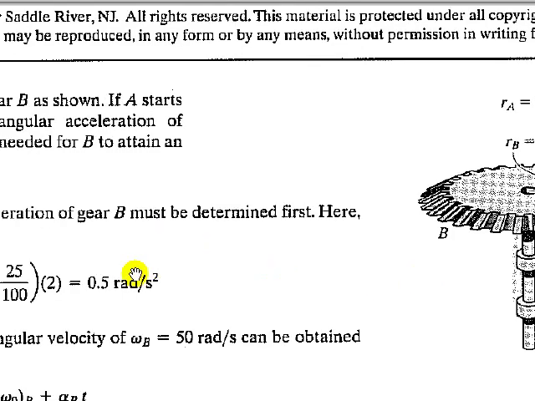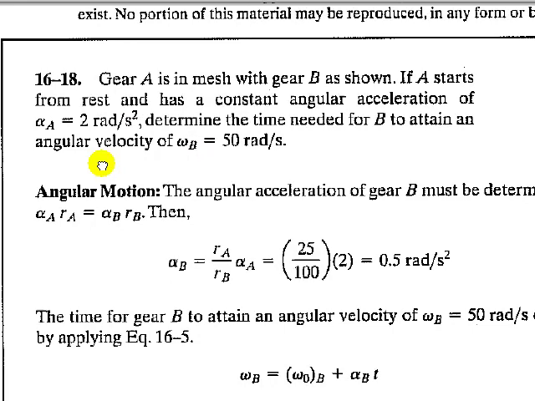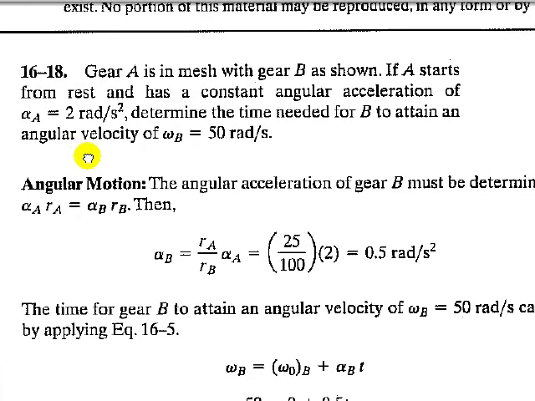And let's remember what we were told again. A starts from rest and has a constant angular acceleration alpha. So what we can do is either work purely with A and determine its motion, or we can work with B.